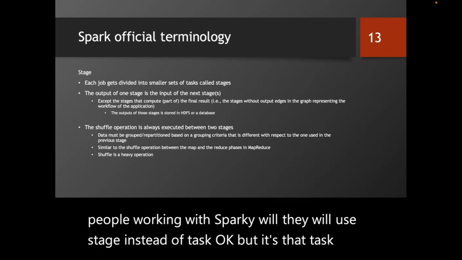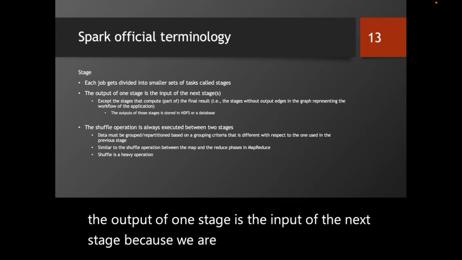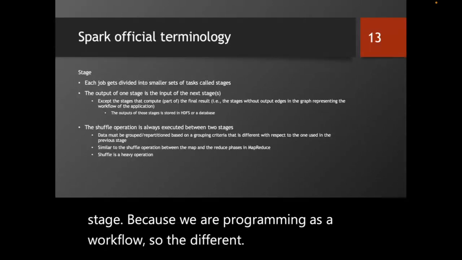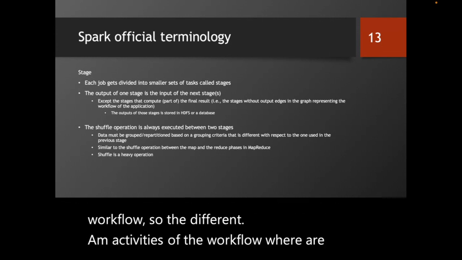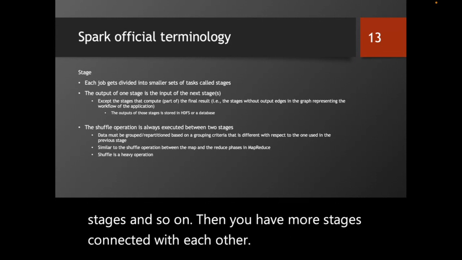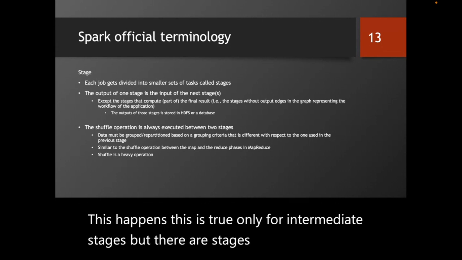The output of one stage is the input of the next stage, because we are programming as a workflow. The different activities of the workflow are divided into stages, and so you have more stages connected with each other. This is true only for intermediate stages, but there are stages that produce the final results.